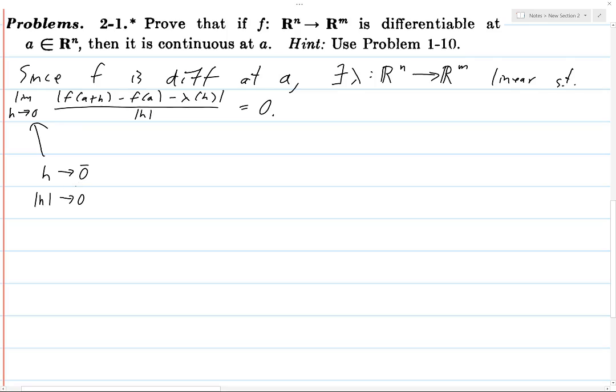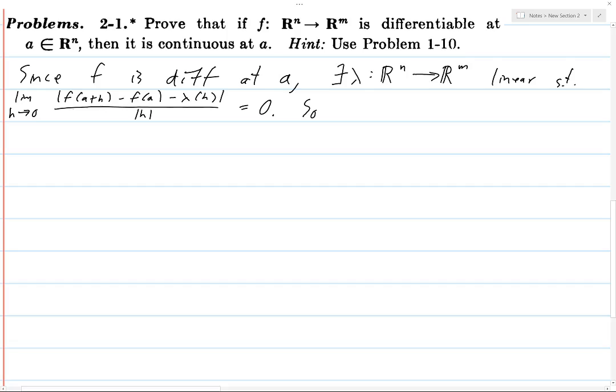Both of these things that I've written down here are equivalent to saying that h is a vector which approaches the 0 vector. But I'll just keep in mind that we assume h to be a vector, and I'll just write limit as h goes to 0, even though it can be deceptive if you don't know what I'm referring to beforehand. Okay, so what does this mean?